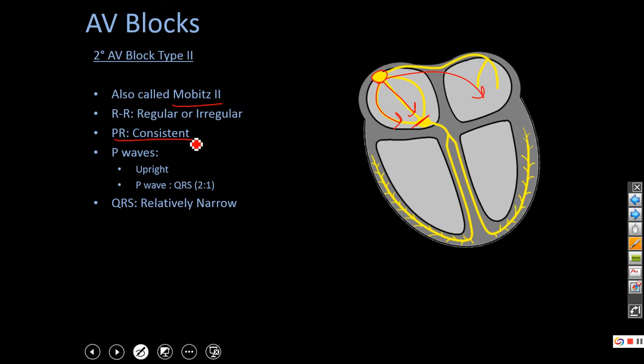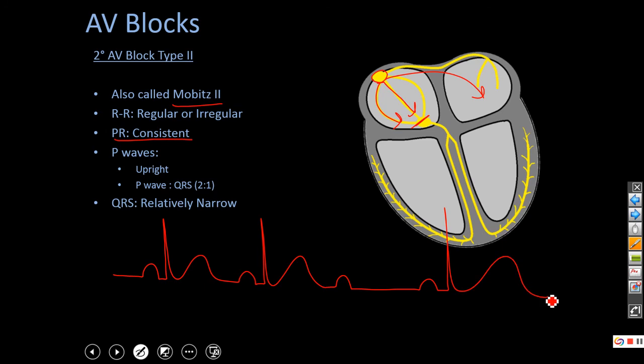The PR remains constant in second-degree type 2. So your PR stays the same the whole time. So there is no lengthening of the PR in second-degree type 2.